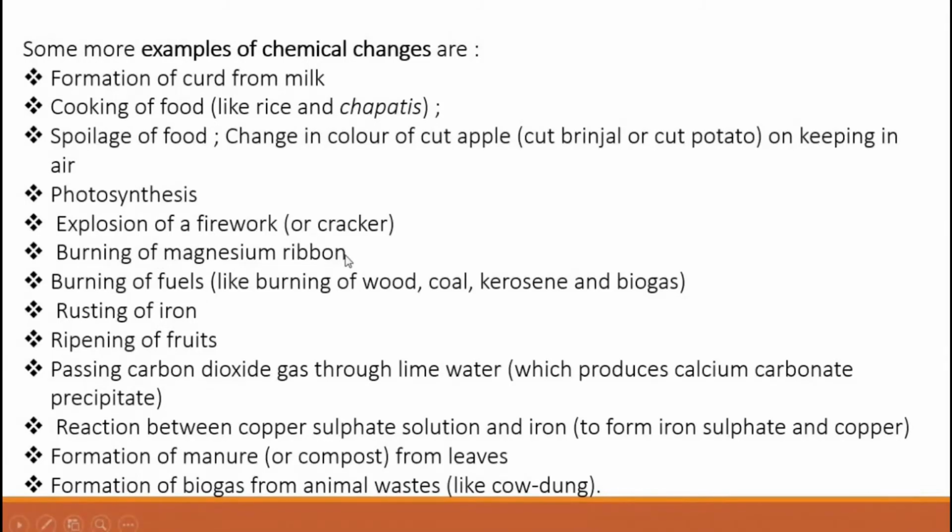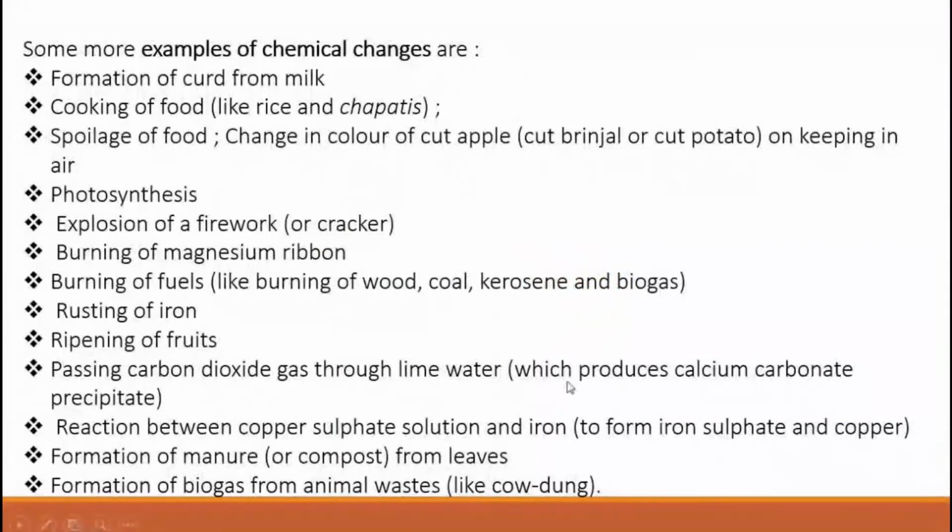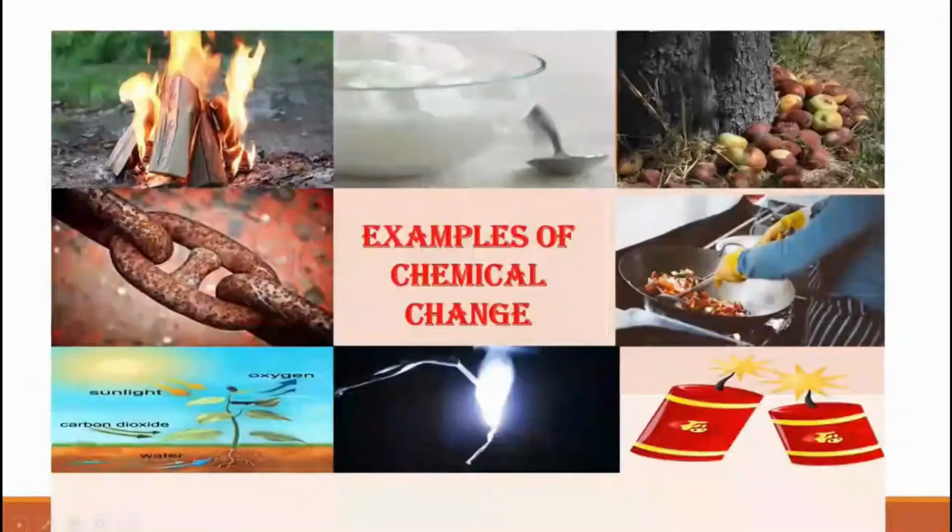Burning of magnesium ribbon, this activity we will see in this lesson. Burning of fuels like wood, coal, kerosene also releases a lot of energy. Smoke is released, heat is released, and it cannot be reversed. Rusting of iron is also an example of chemical change. So these are all examples of chemical change.